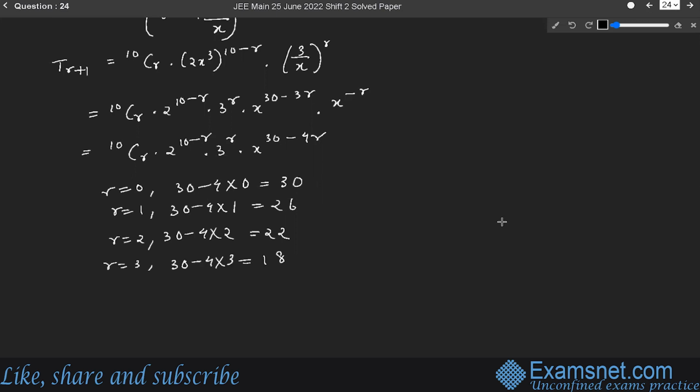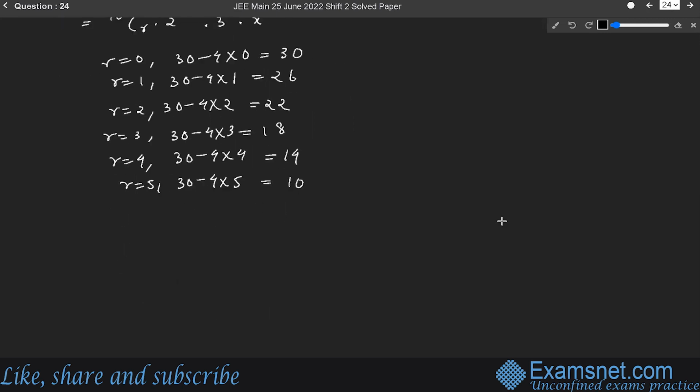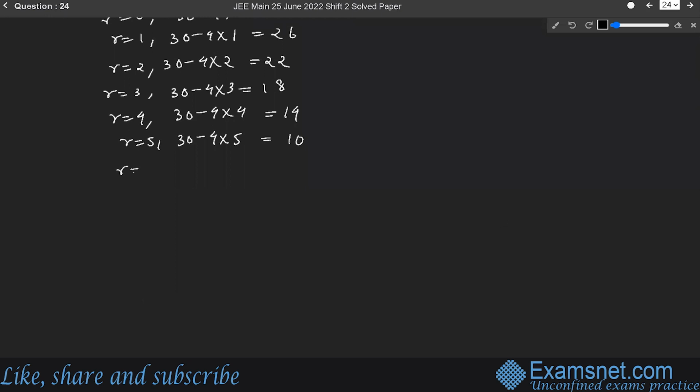Similarly, for r is equal to 4, 30 minus 4 into 4 will be equals to 14. It is also even and positive. For r is equal to 5, 30 minus 4 into 5 will be equals to 10. It is also even and positive. For r is equal to 6, 30 minus 4 into 6 will be equals to 6, which is even and positive. Similarly, for r is equal to 7, 30 minus 4 into 7 will be equals to 2.